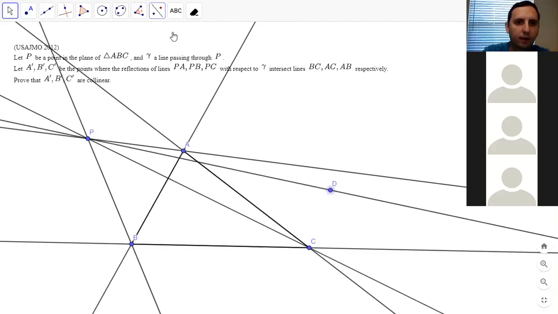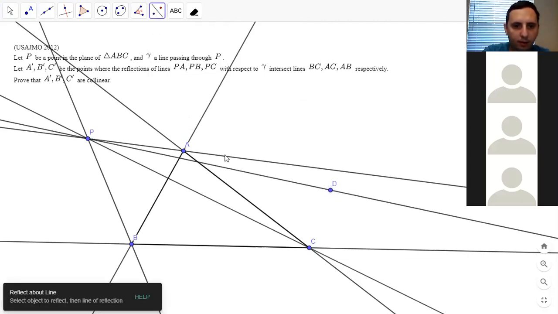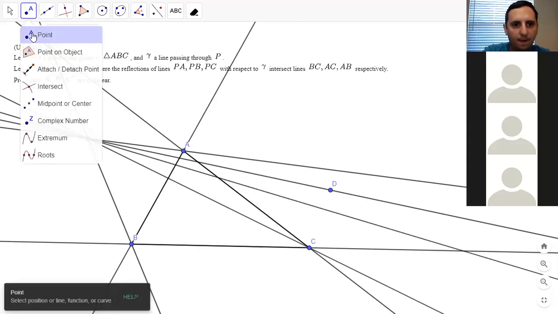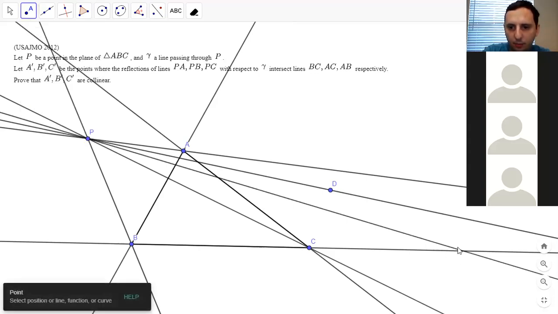Kind of think that's not so bad. Okay, so if I reflect PA over it, and I want to see where it meets BC. So that would meet BC at this point. So that would be A prime.